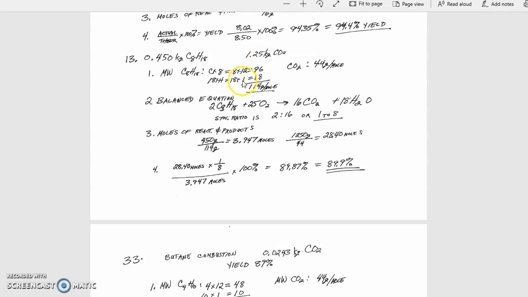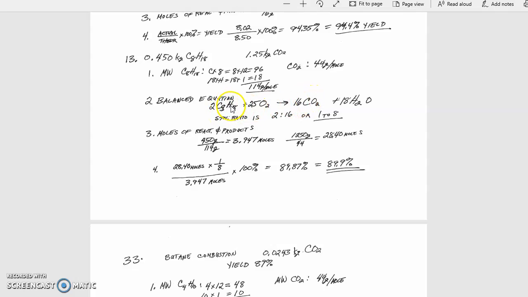Okay? So, what's the balanced equation? You have C8H18, and it turns out, in order to balance this, you have 2 moles of this for every 16 moles of this. Okay? I could have gone through all the different steps, but you should know how to balance equations by now. So you have 16 carbons here. You have 16 carbons here.